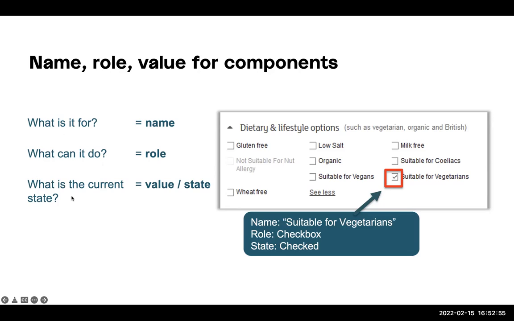And then, what is the current state? For example, for some elements like a checkbox, the information of whether the checkbox is checked or unchecked is important. Let's say I cannot see the screen and I land on, for example, I agree to the terms and conditions, checkbox, not checked.